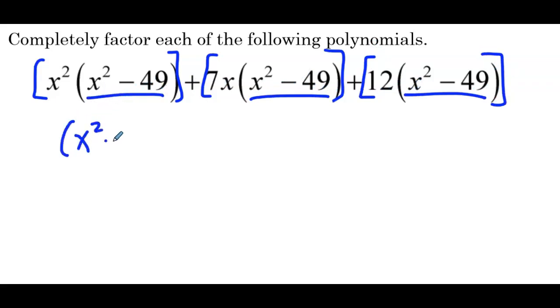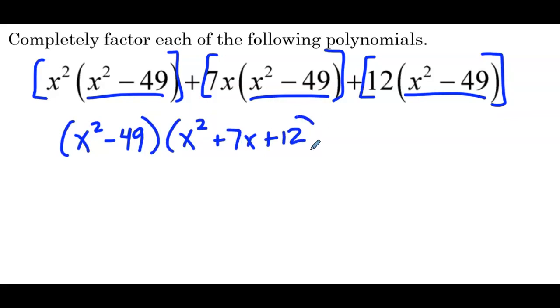So we would have (x squared minus 49) times (x squared plus 7x plus 12). And then we can factor x squared minus 49 with the difference of two squares, so (x minus 7) times (x plus 7). And then x squared plus 7x plus 12.